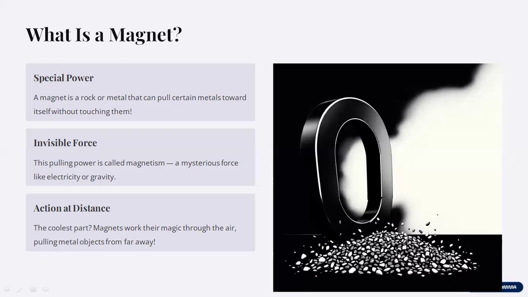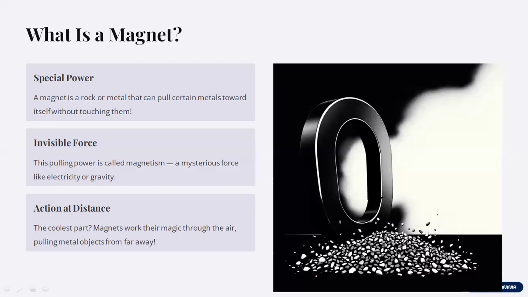A magnet is a rock or a metal that can pull certain metals towards itself without touching them. So it has some invisible force. We also have another invisible force, called gravity, because of which the earth pulls us towards itself, right? So there are two invisible forces which we experience in our day-to-day life.